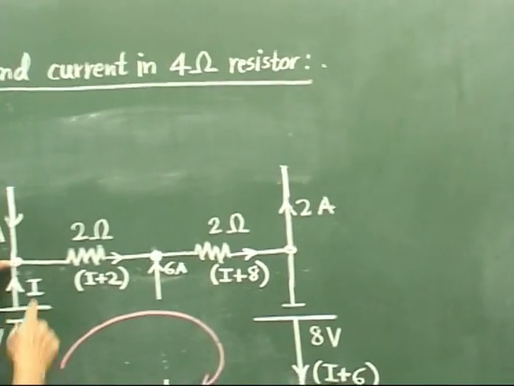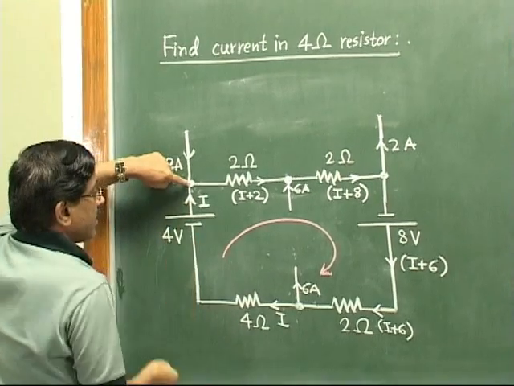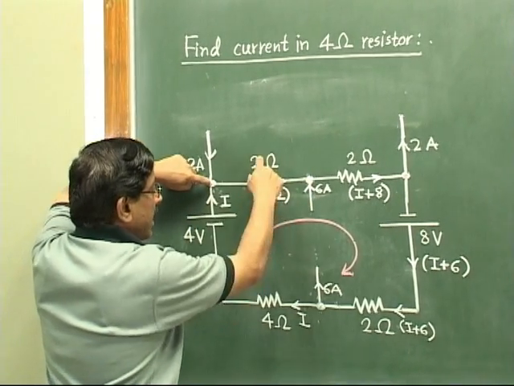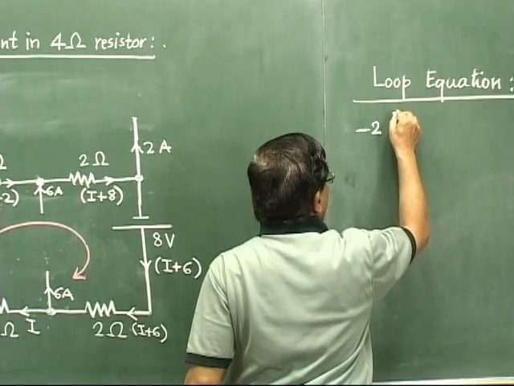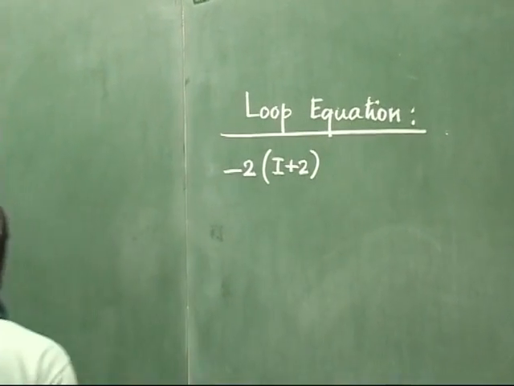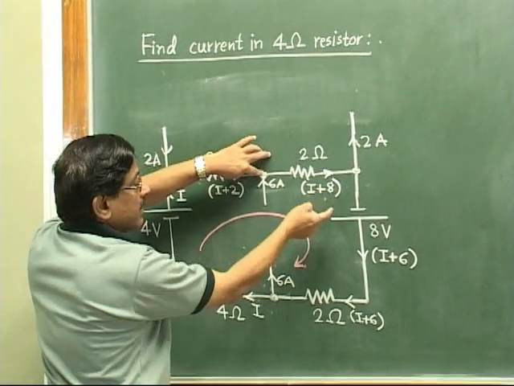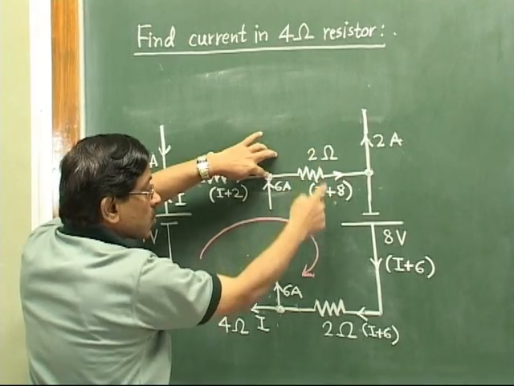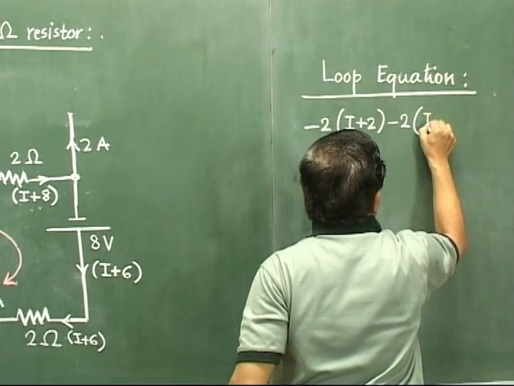So loop equation, let us start from this point. Our closed loop will be only this one. From this to this, it will be minus 2 times (I plus 2), since the resistor is 2 ohm and current is I plus 2. Now from this point onwards, current is I plus 8, resistance is 2, so minus 2 times (I plus 8).